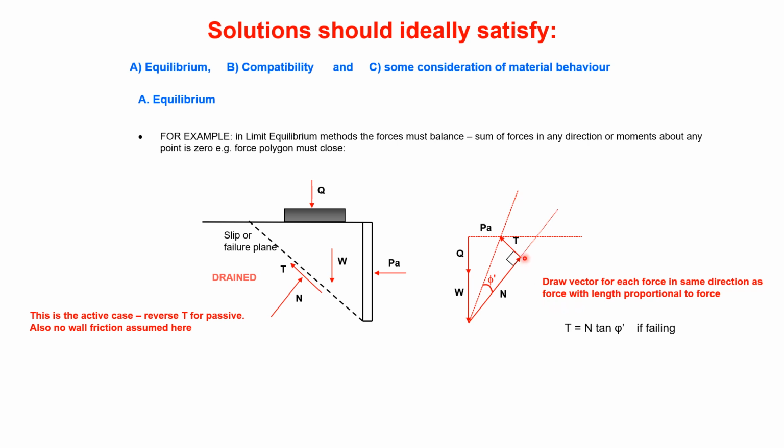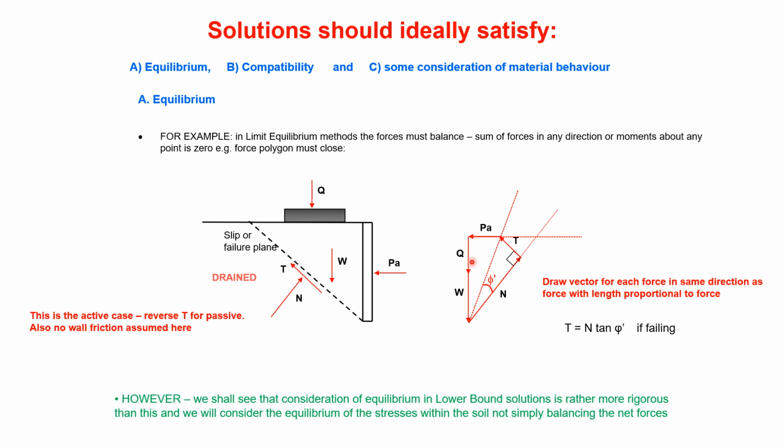So you know that T must be at right angles to N and must be N tan phi dash. So it must fit in like this, and therefore that must be the active force because the force polygon must close. And hence we've calculated the active force.